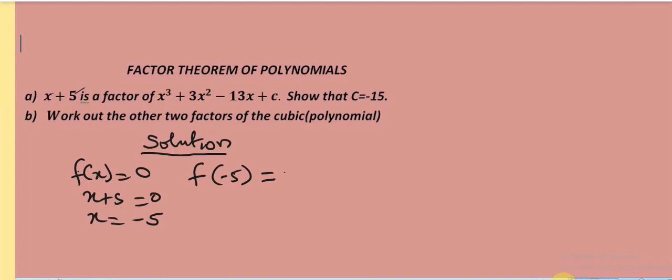So this is going to be minus 5 raised to the power of 3, plus 3 times bracket minus 5 raised to the power of 2, minus 13 times bracket minus 5, plus c, is equal to 0.